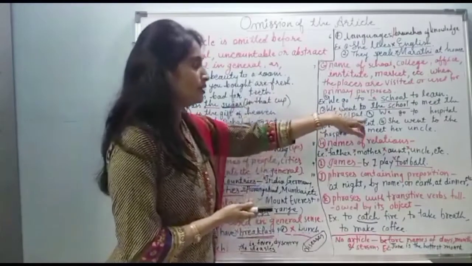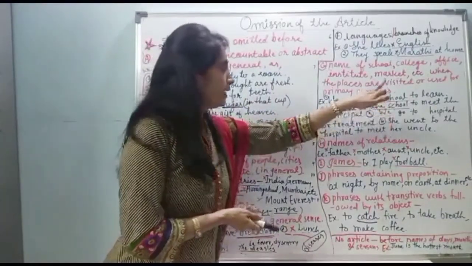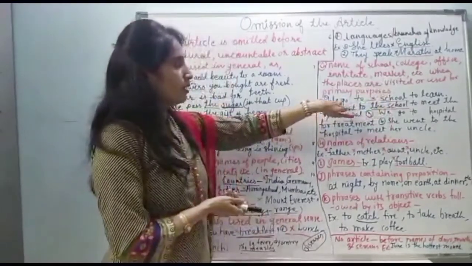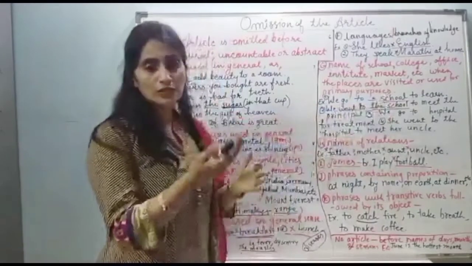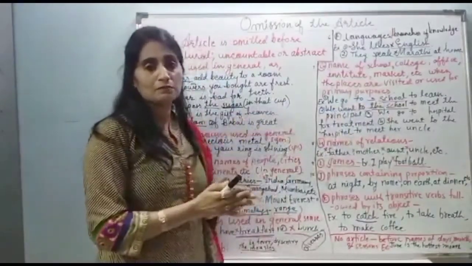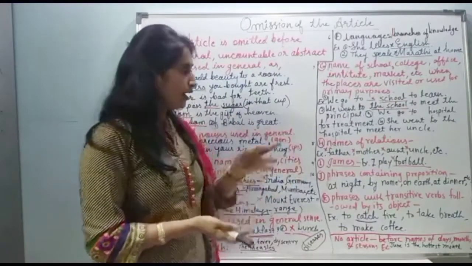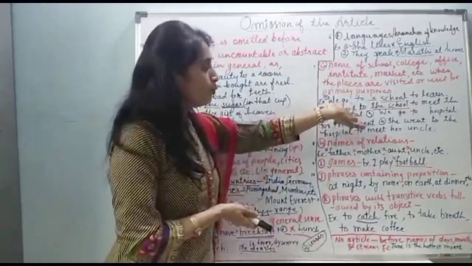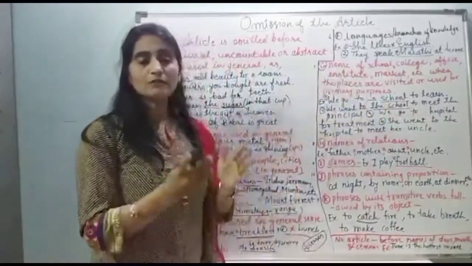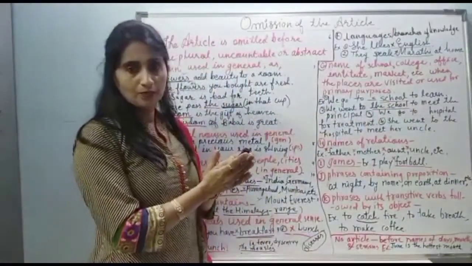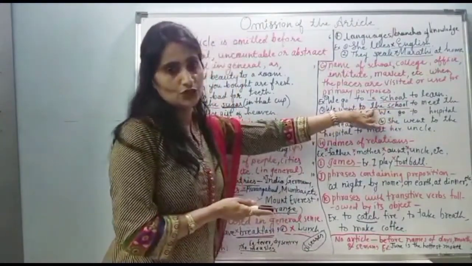A specific reason is given and so the school is used. In the first sentence, school is used in general sense. This is the primary purpose. We go to school to learn something. Okay, but here we went to the school to meet the principal shows some specific reason. And that's why before this noun, the is used.